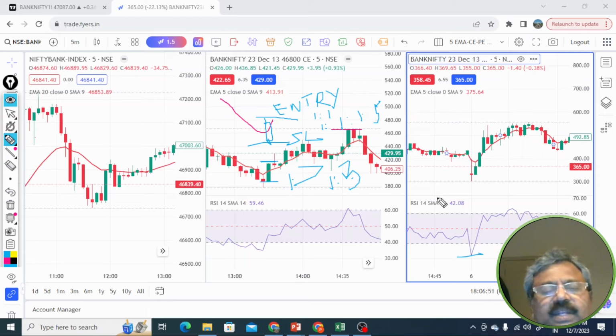For the 5 EMA trading strategy, you can apply the EMA on both call option and put option charts, and whenever you get a close above 5 EMA, something like this, and below, you see RSI is giving a divergence after a downtrend, rising above this lower limit of 40.